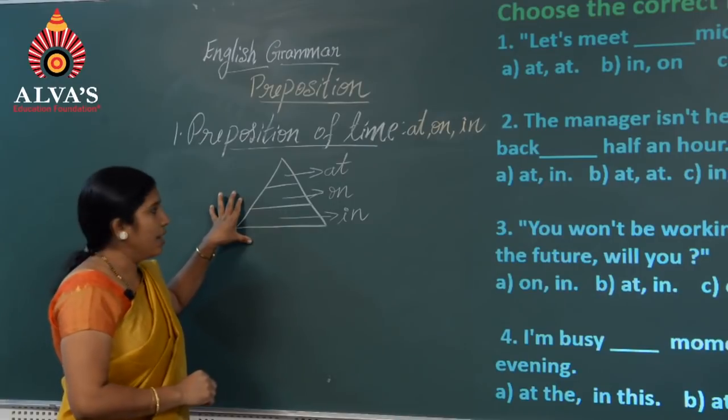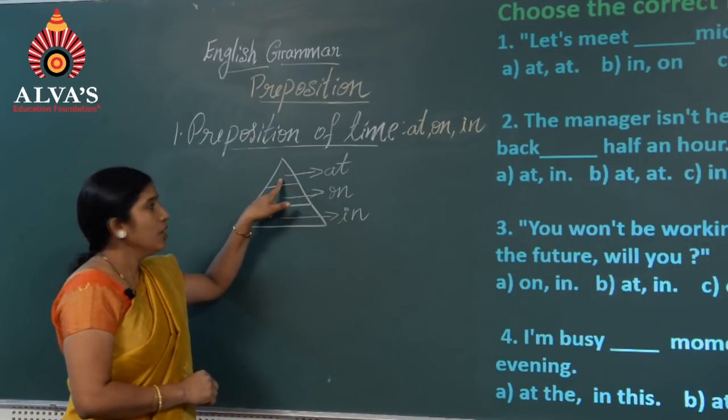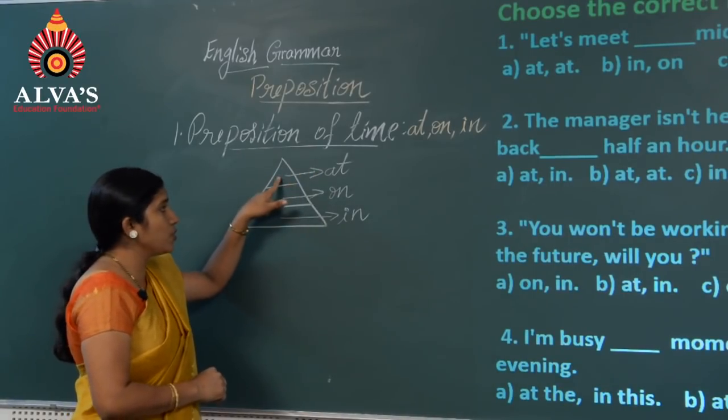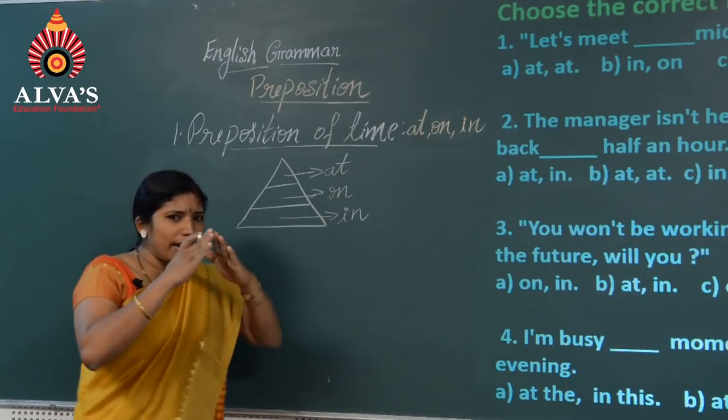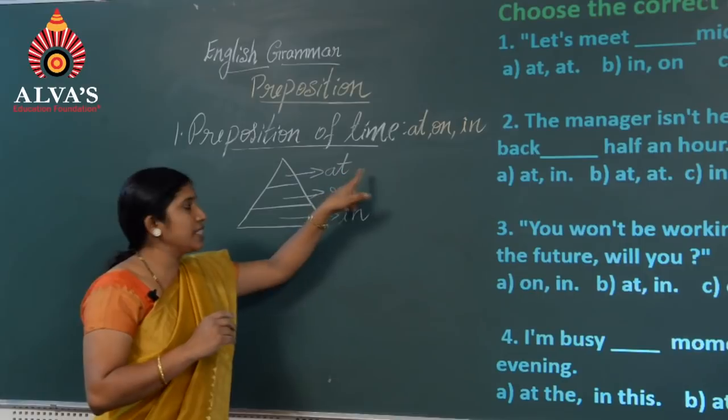Look at the triangle. Where did I write at? Here. We use at because at is always used for a specific time. It is very narrow.